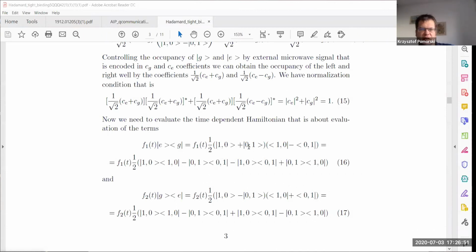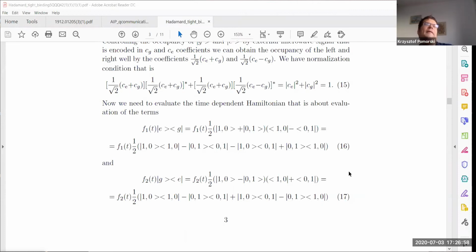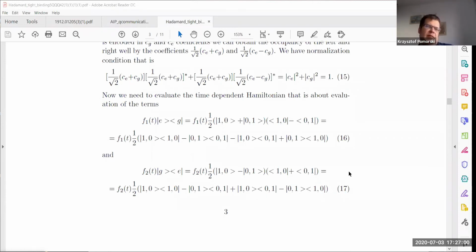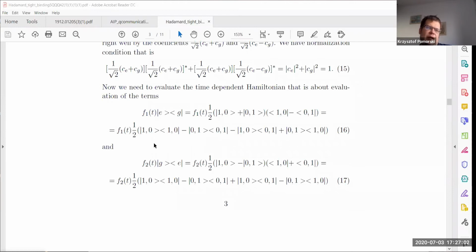That's how it's done here, and obviously you obtain such a term 16. And doing things in quite an analogous way, you can have a cooling term when your state is going from excited to ground. Then again, you need to do the algebra of these changes in representation, and basically you end up with such terms, again, by equation 17.